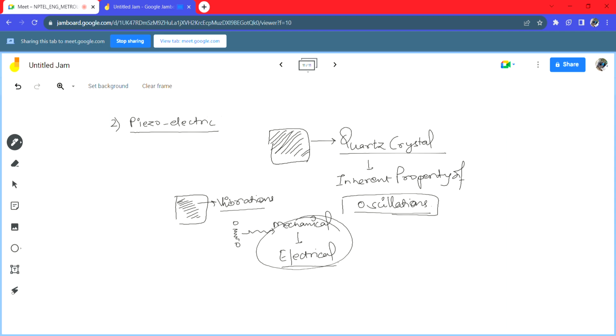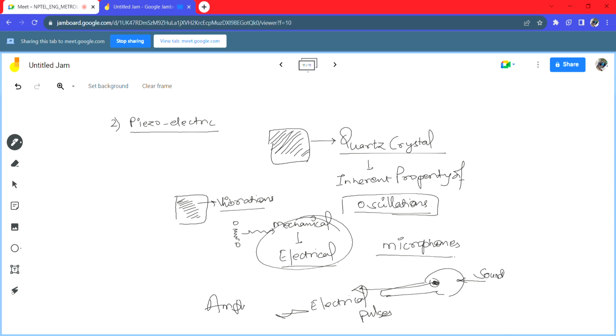So we saw last time also in the case of microphones that if you have this kind of a microphone and you put a piezoelectric crystal over here, so every time you put in sound waves, the sound waves are converted into electrical pulses, which then are passed through an amplifier and then to the speaker.